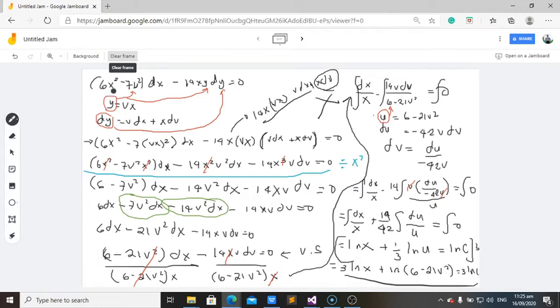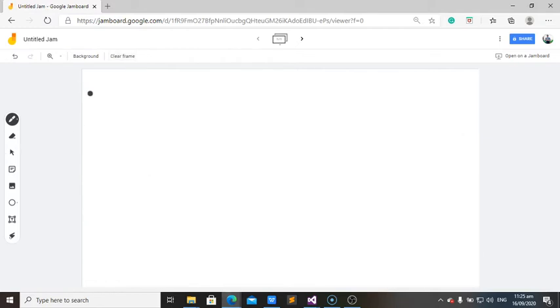Kay wala ko'y kanang pang highlight na mag-delete, so wa ko'y choice but to delete tanan. So na ko'y 3 ln of x plus ln of 6 minus 21v squared equals 3 ln c.